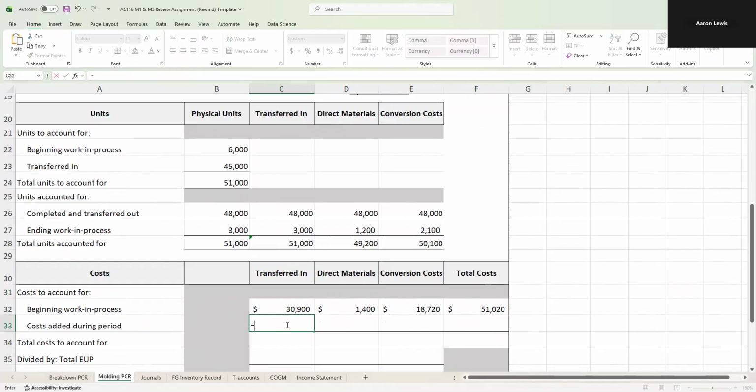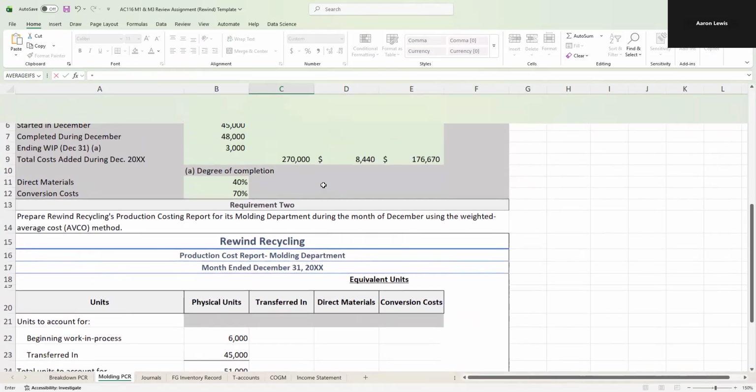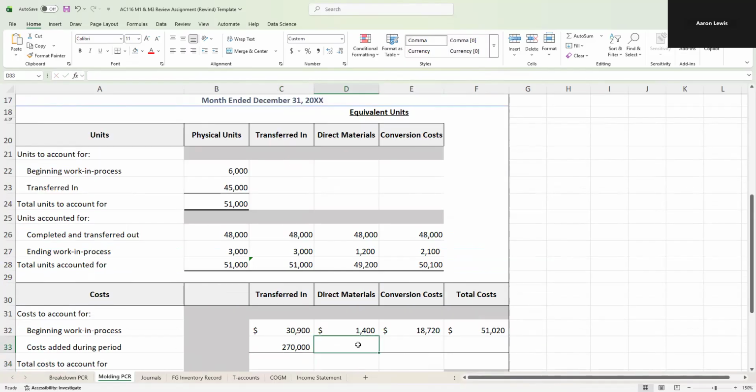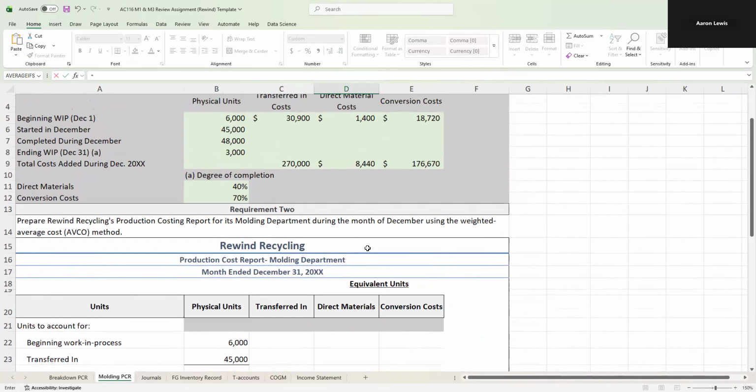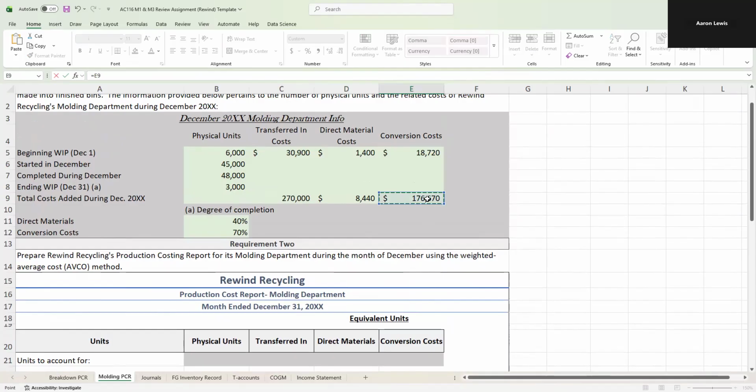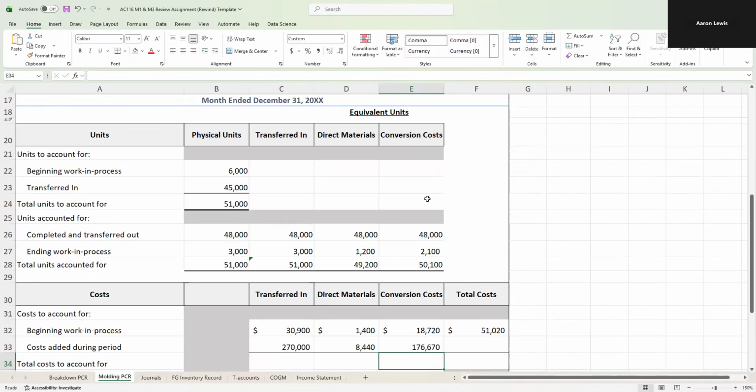And then what got added during the period for transferred in, it's that $270,000 worth of cost that the breakdown department transferred to the molding department when they transferred plastic that was ready to be made into bins. For materials, the molding department added $8,440 of material costs that's unique to this department during the period. And they also added, according to our information, $176,670 of conversion costs.